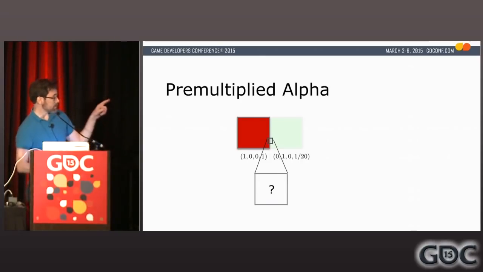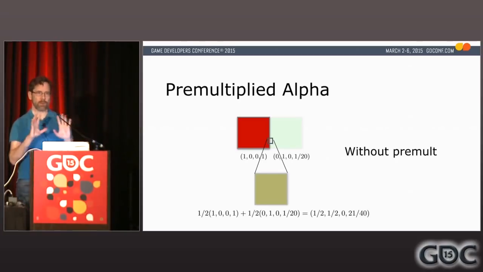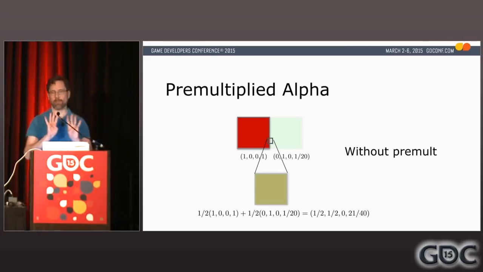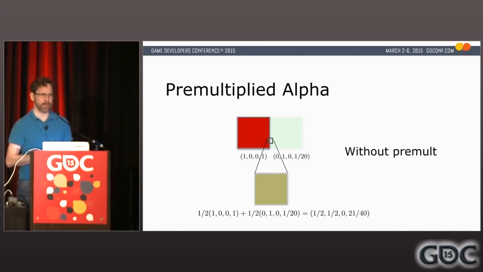I'm just going to point out that these are not pre-multiplied. So the result we'd expect would be a 50-50 blend of them. So we just average the two values, and we end up with the result on the bottom there. And we end up with this weird olive green color, which is not what we expect. We'd expect something a little more red because the green is pretty much transparent.